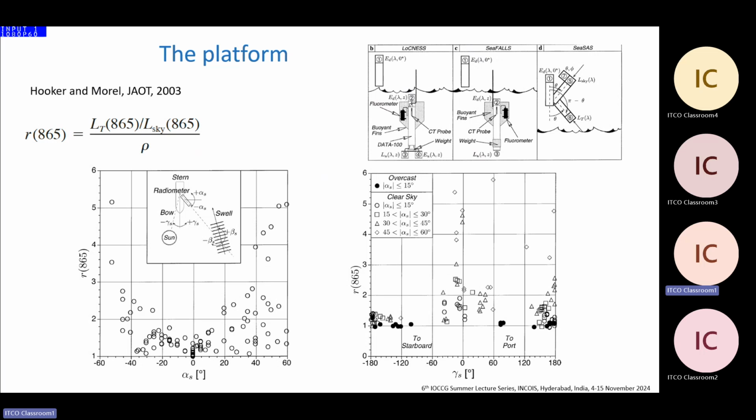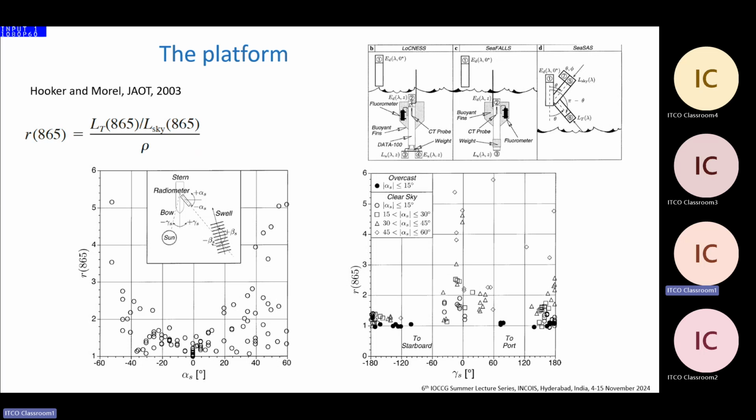I have two illustrations of the effect of the platform on your measurements. This example is a paper from Hooker and Morel in GAOT 2003. They were doing an intercomparison of deriving reflectance from in-water systems and above-water systems. With the above-water system, you have your sensors somewhere on the ship looking at the water, and they were looking at the effect of the geometry of the problem, basically.